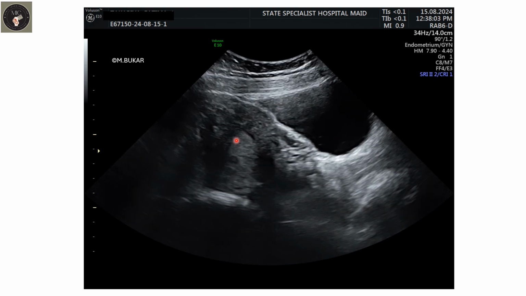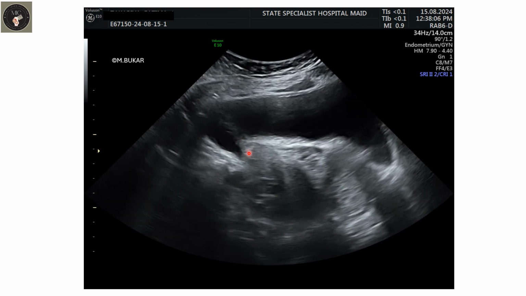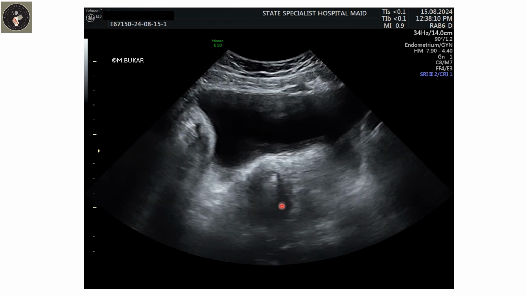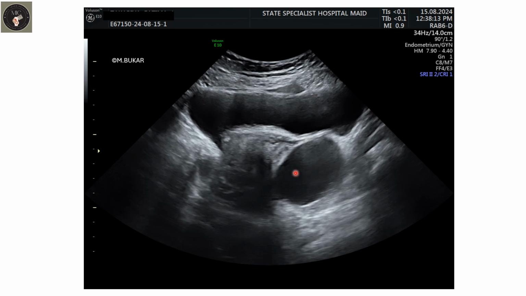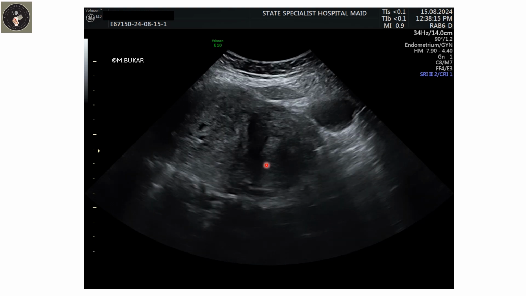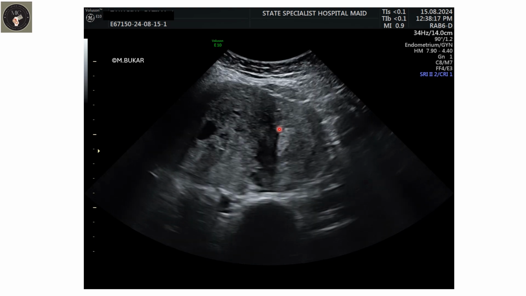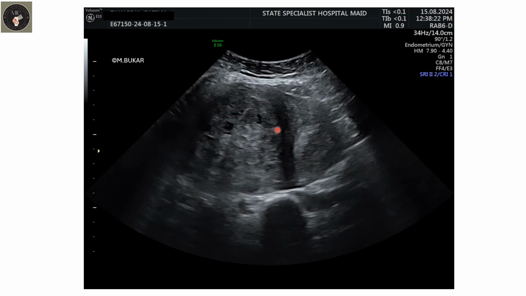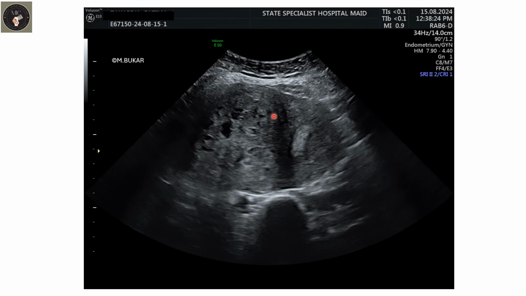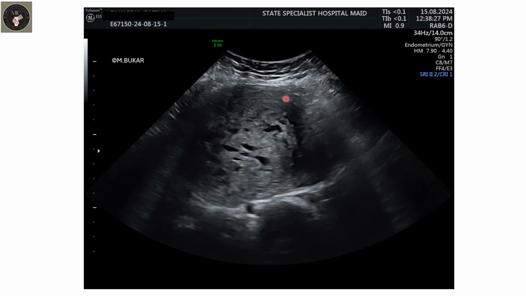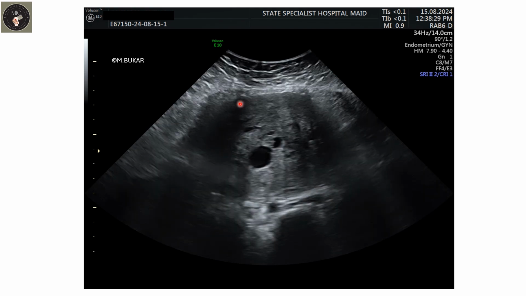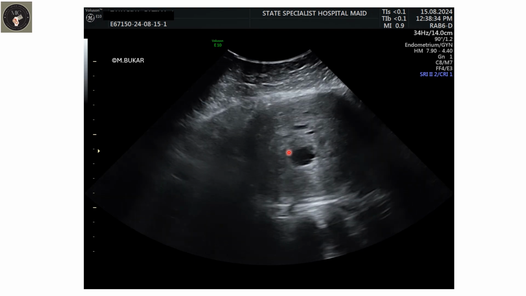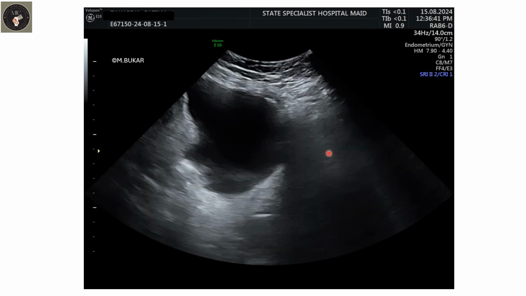Again, note the endometrium here, and note that this lesion is fundally located. Look at the fundus here, and look at the fundal location of the solitary uterine fibroid, and note the difference in heterogeneity between the myometrium here and the degenerative changes in this uterine fibroid.